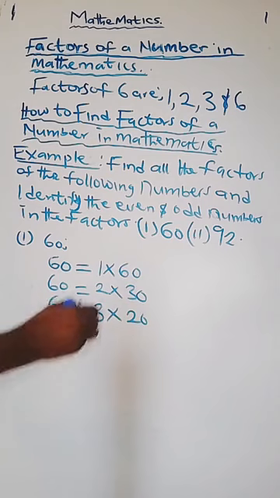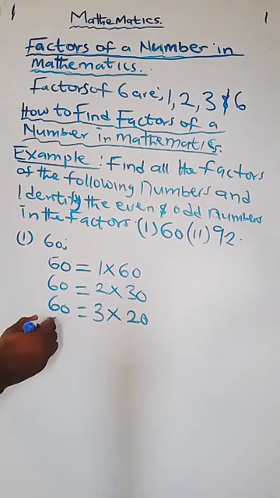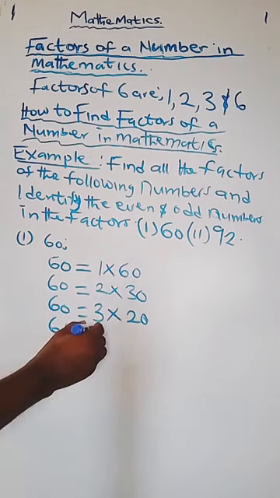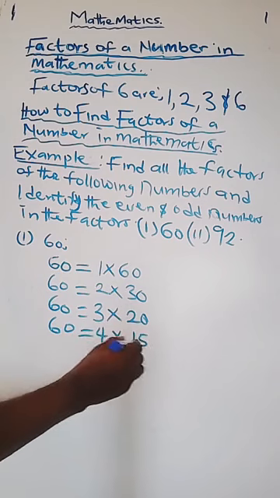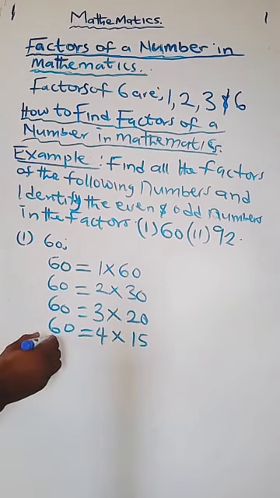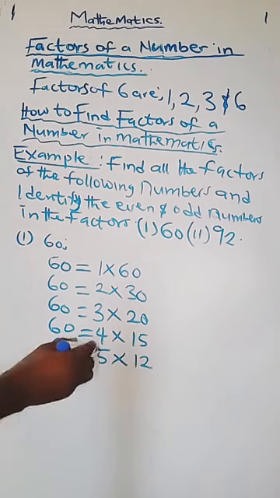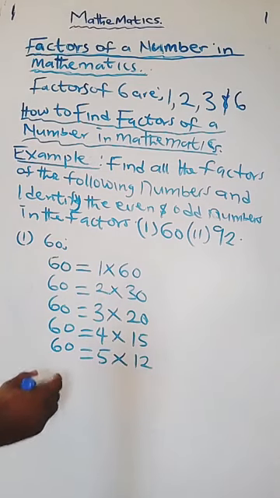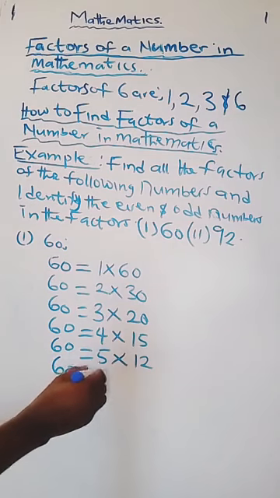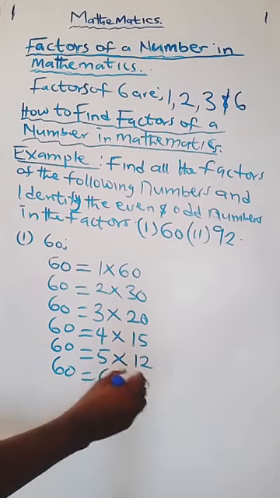If you use 3 to divide 60, you get 20. 60 is 4 times 15. If you use 4 to divide 60, you get 15. 60 is 5 times 12. If you use 5 to divide 60, you get 12. 60 is 6 times 10.